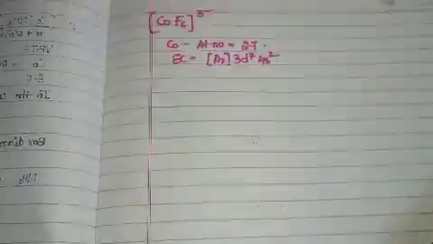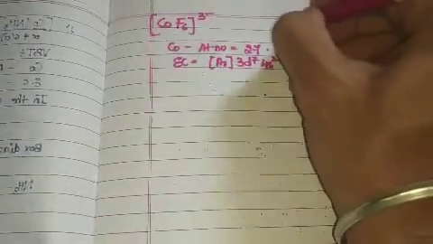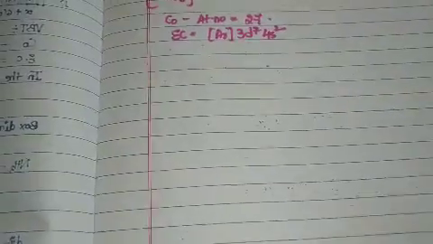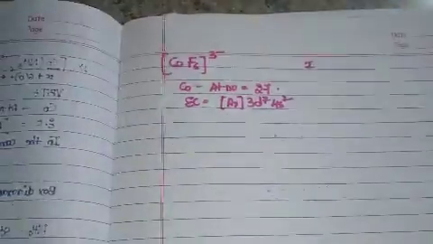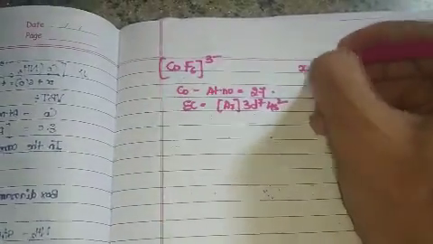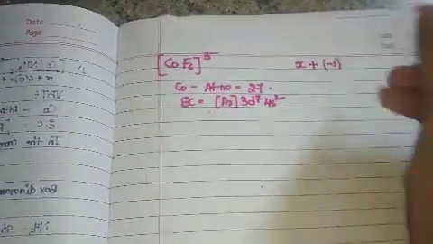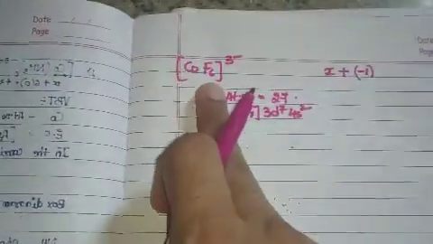But in the complex, what is the oxidation state? Of course, X I am writing. There are fluorines over here. Since ammonia was a neutral ligand, I took it as 0. Here fluoride means what? It is an anionic ligand with a charge of -1. So X plus of -1, one fluorine charge is -1. How many such fluorines are present? 6.